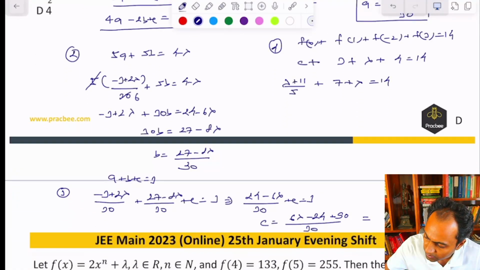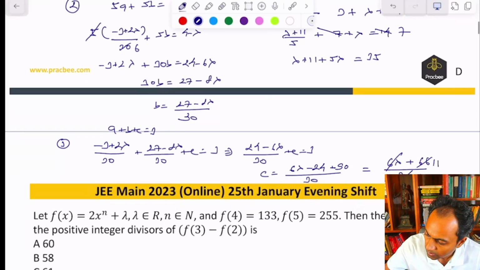Now if I simplify, 7 can again be cancelled out. If I take LCM, lambda plus 11 plus 5 lambda would be equal to 35. So if I simplify this, 6 lambda would be equal to, if I subtract 11, 24. Lambda comes out to be 4.